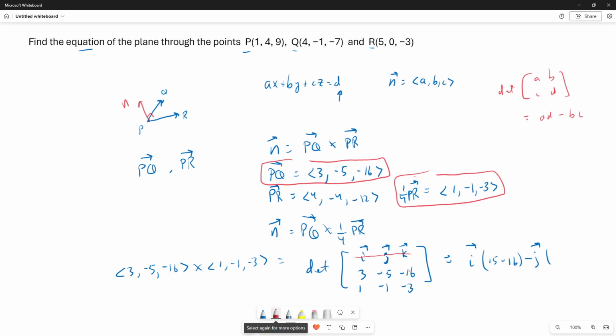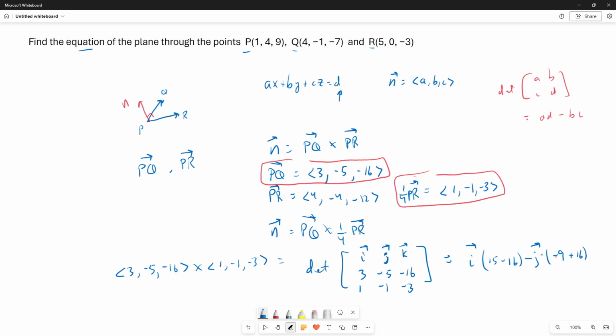So 3 times negative 3 is negative 9. And then minus negative 16 times 1 is negative 16. So that's going to be minus negative 16, or plus 16.